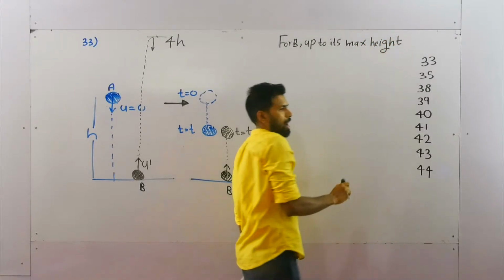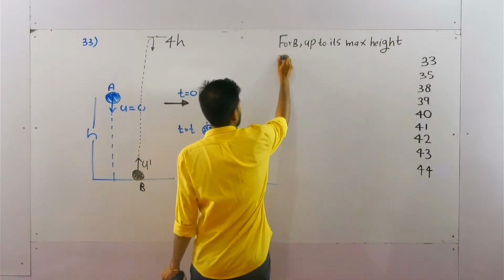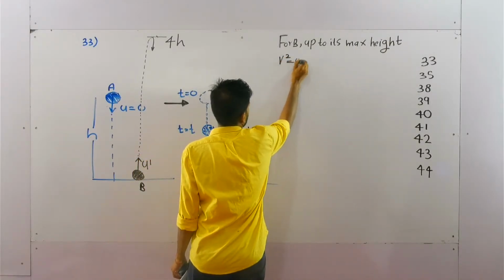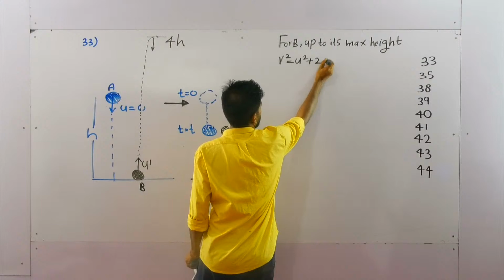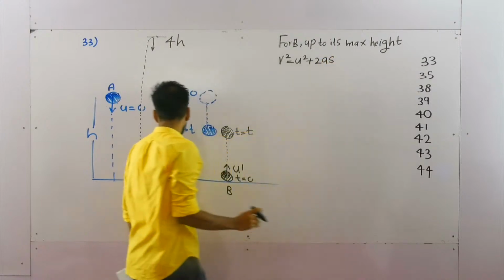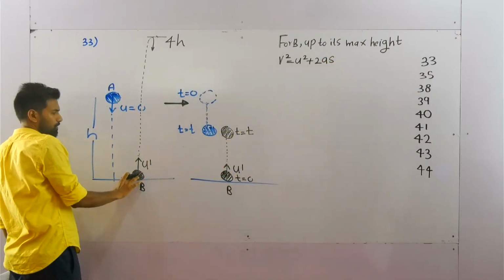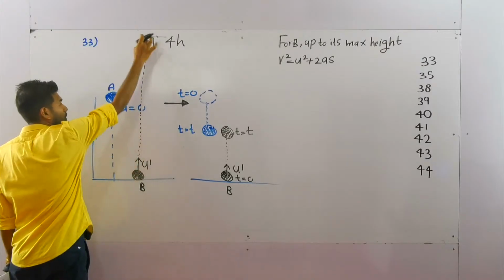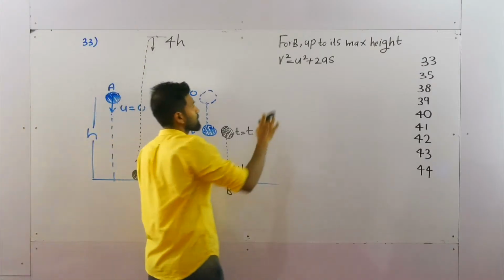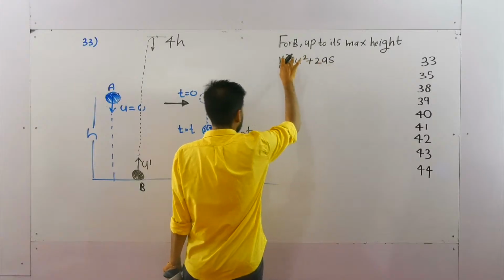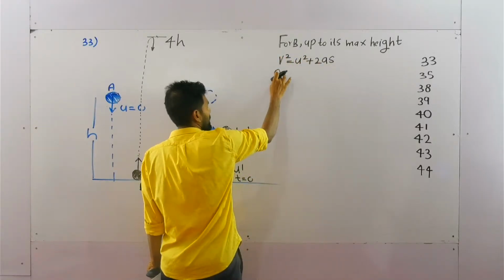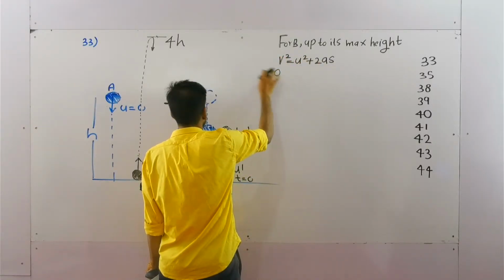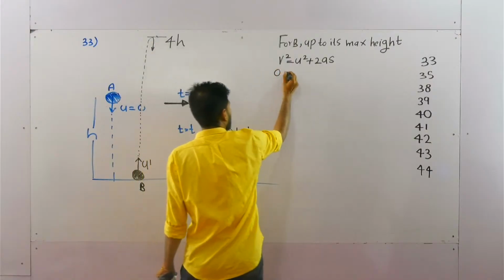for B, up to its max height, I am applying v squared equals u squared plus 2as. For B, the stone which was thrown from the ground, it reaches a height 4h before turning back. So I'm applying v squared equals u squared plus 2as for that stone. At the maximum height, it will have 0 velocity just before turning back.